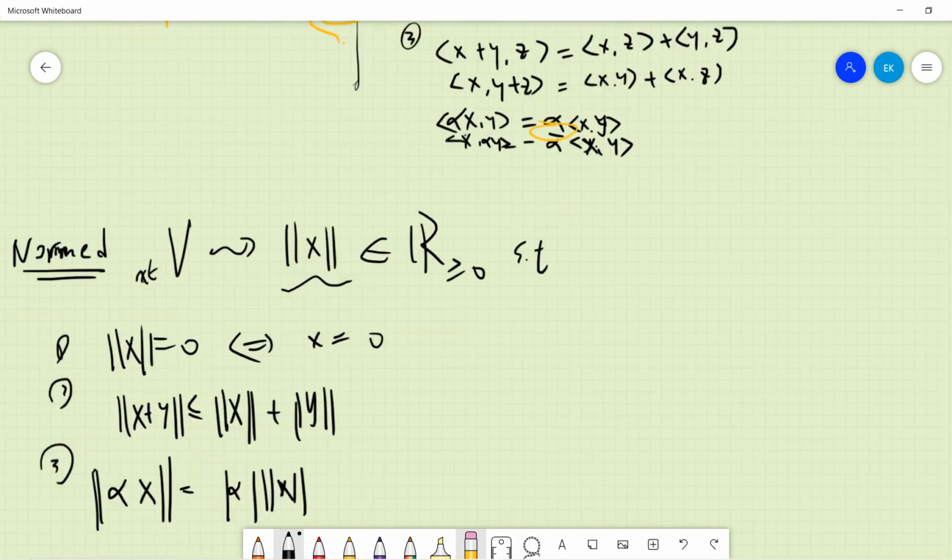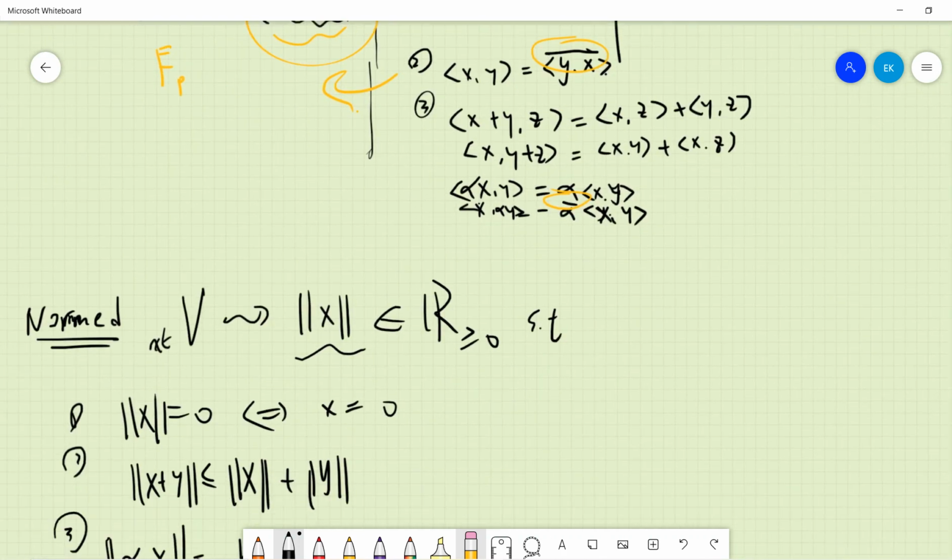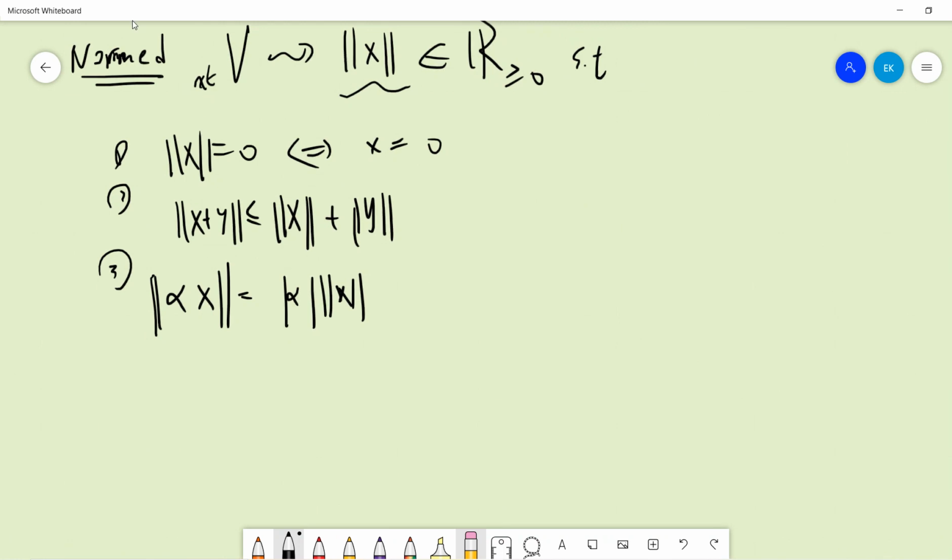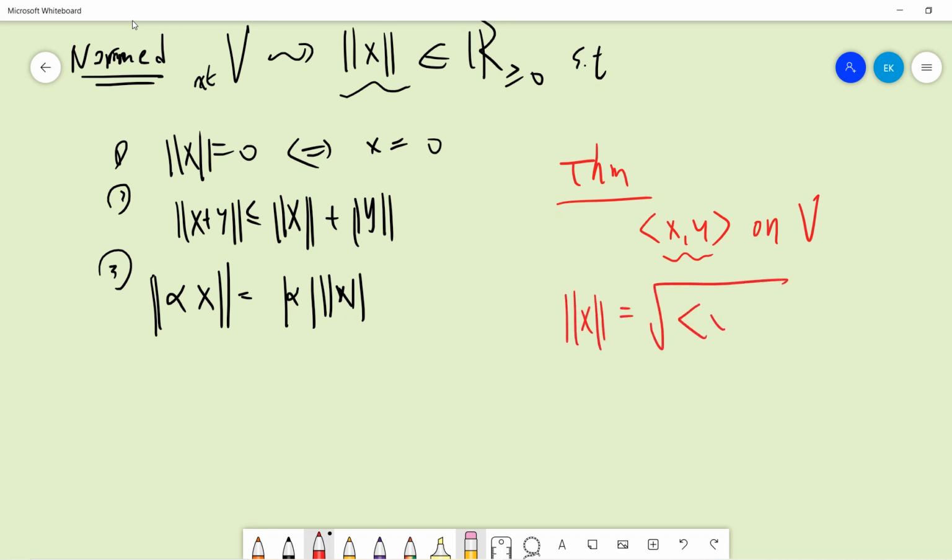Okay. So the obvious theorem is that if you have an inner product defined on a vector space, then you can define a norm. I can define the norm of x to be the square root of the inner product of x with x. The theorem is that this will be a norm.